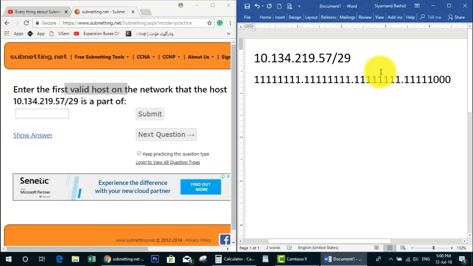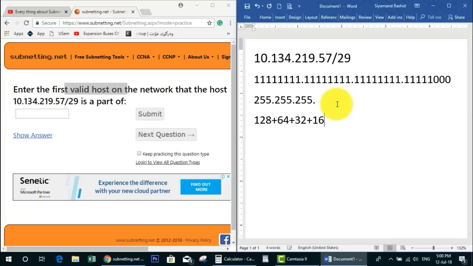The second step is converting these octets to a subnet mask. We mentioned in the first video that the total of an octet is 255, and for this one we have to calculate it: 128 plus 64 plus 32 plus 16 plus 8.